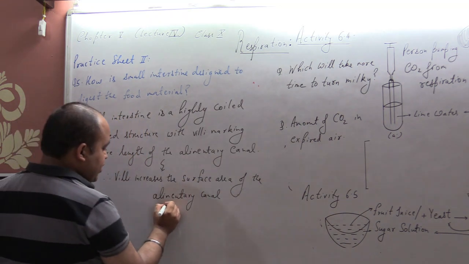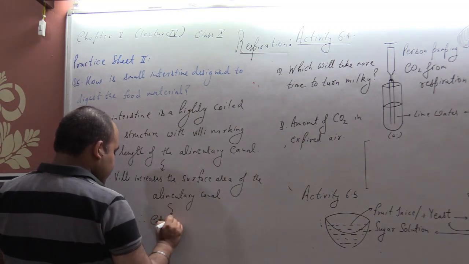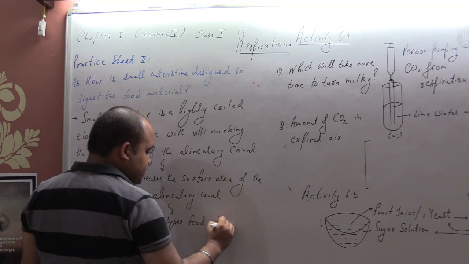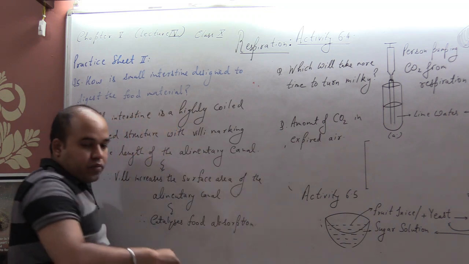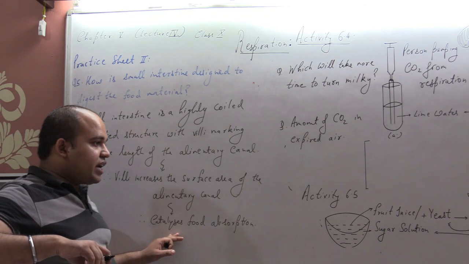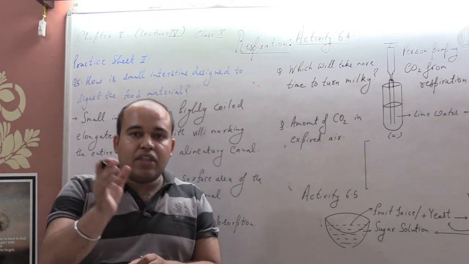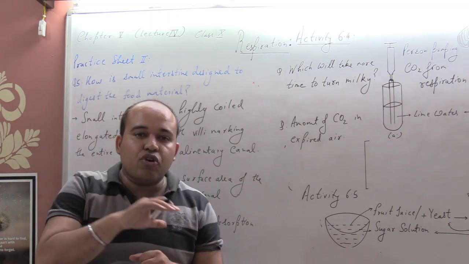Once the surface area is increased, it catalyzes food absorption. Not only does it catalyze food absorption by simply increasing the area, but all the different types of food material, the carbohydrates, the lipids as well as the proteins, are digested within the small intestine.